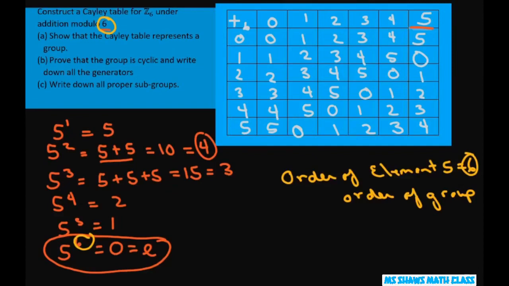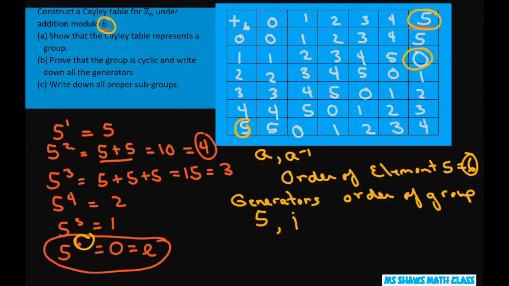Now, if 5 is a generator, that means the generators of the group are 5 and its inverse, because if A is a generator, so is A inverse. So the inverse of 5 is going to be 1. So you see the 0 here?